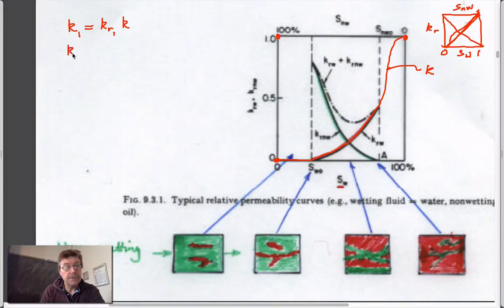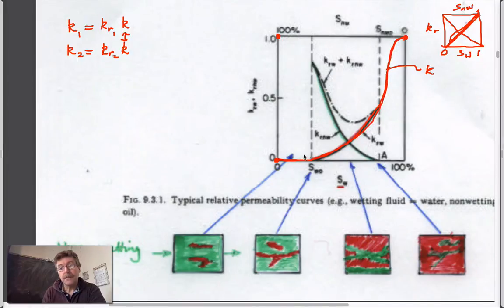The effective permeability to the second phase is the relative permeability of phase 2 multiplied by the same. These are the same. But this is just a scalar, which is a function of saturation. If it was equal to saturation, it would be just a linear curve.